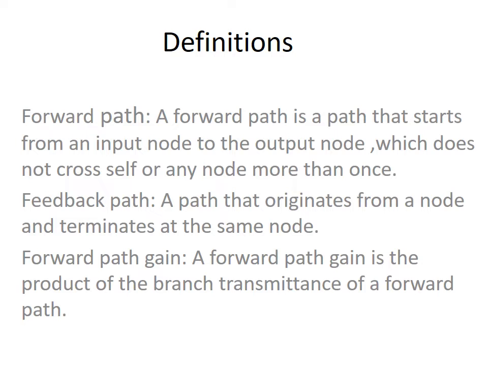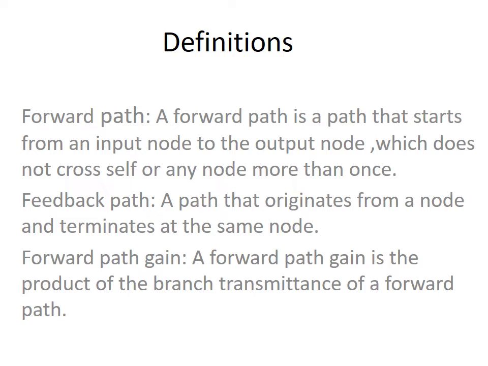The next notation is forward path. A forward path is a path that starts from the input node and goes to the output node, which does not cross itself or any node more than once. So the traveling should be only once; it should not cross a particular node more than that. Again, a feedback path is a path that originates from a node and terminates at the same node.